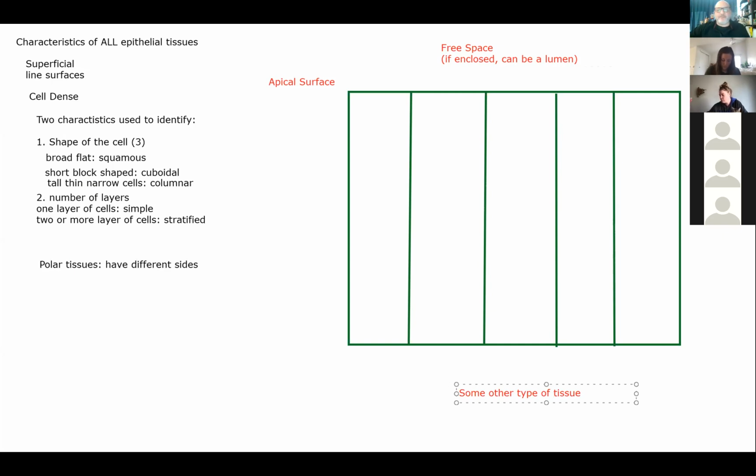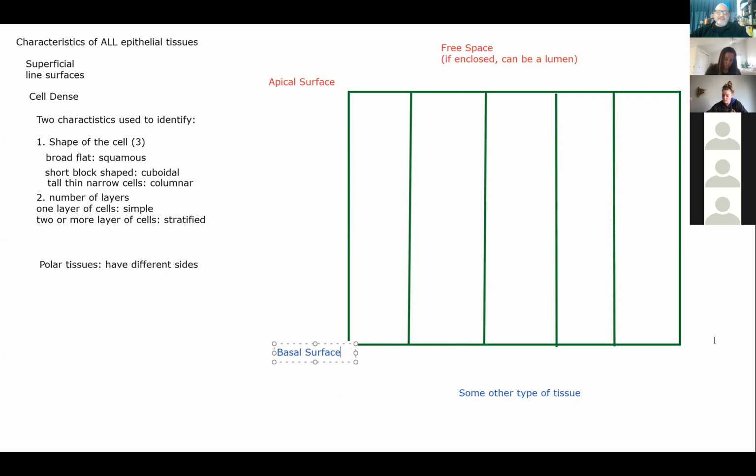We have some other type of tissue underneath, and that underneath surface is what we call the bottom surface. Of course, we're not going to go with bottom. It's going to be basal surface. So we have an apical surface with a free space and a basal surface that connects it to whatever's underneath.